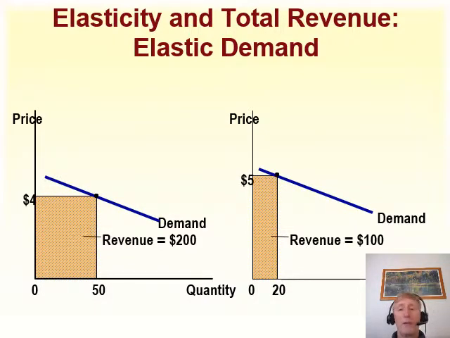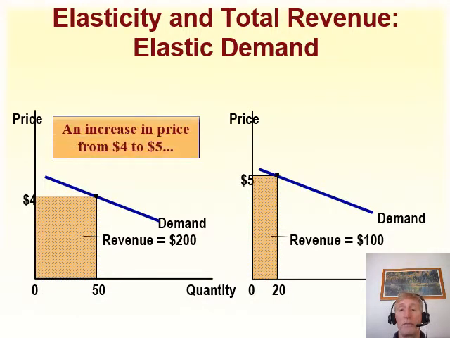Now, in this case here, if you take a look at the left-hand diagram, at price $4, the revenue would be $200. But at price $5, the revenue is only $100 because of the elastic demand situation. You get a huge decrease in quantity demanded, and therefore, a firm that raises the price for a product that is price elastic is going to suffer a loss in revenue.